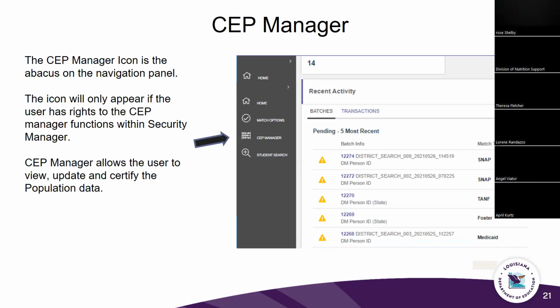CEP Manager. The CEP Manager icon is the abacus on the navigation panel. The icon will only appear if the user has rights to the CEP Manager functions within Security Manager. CEP Manager allows the user to view, update, and certify the population data.